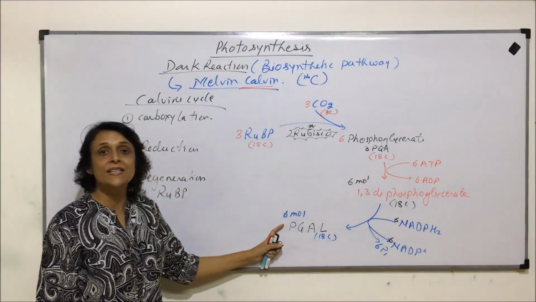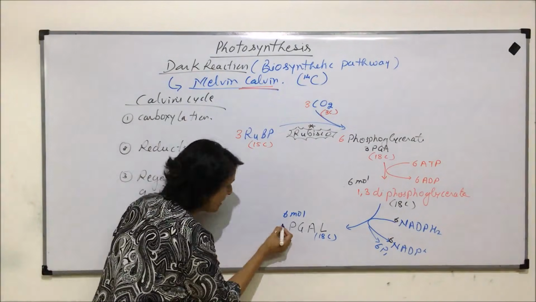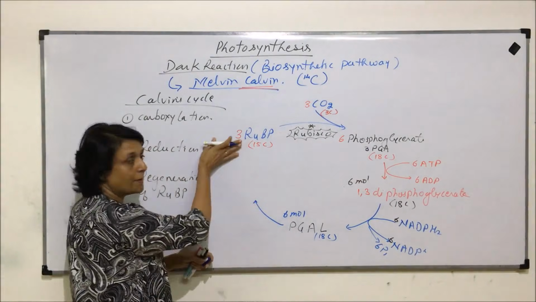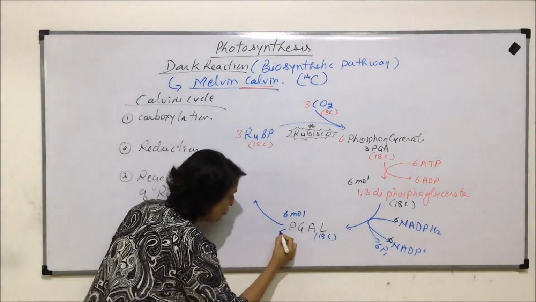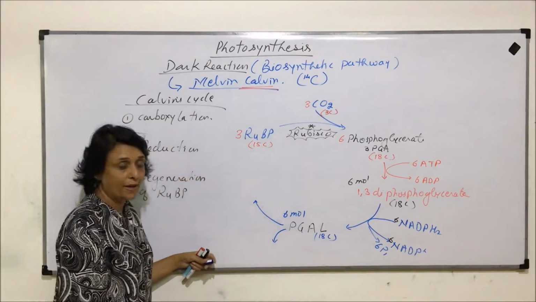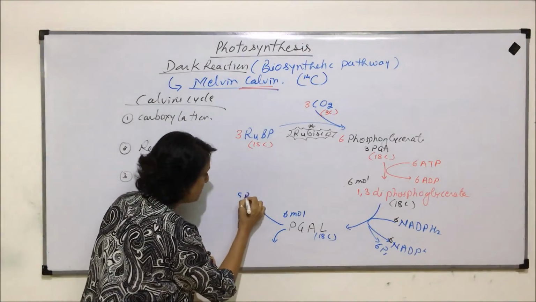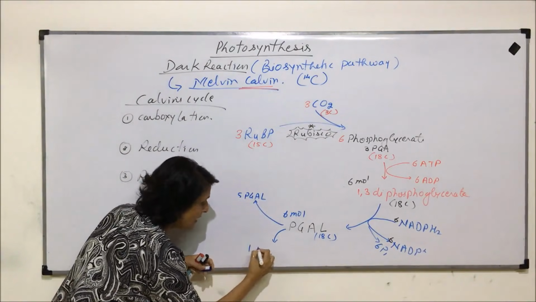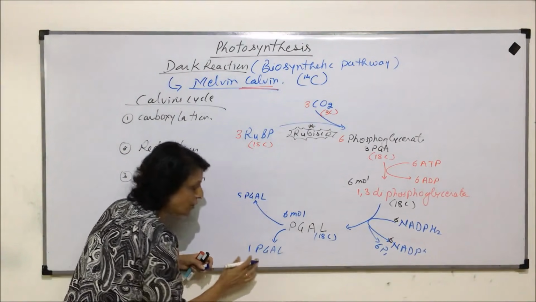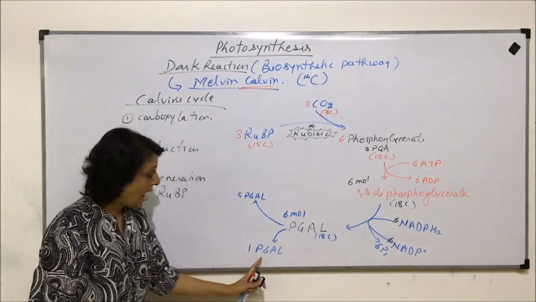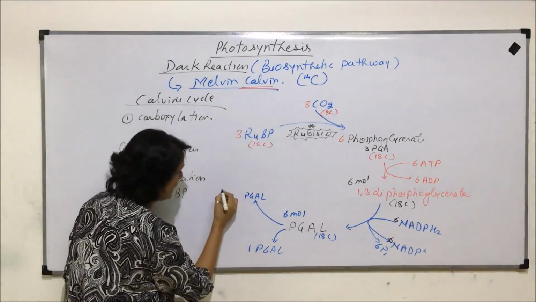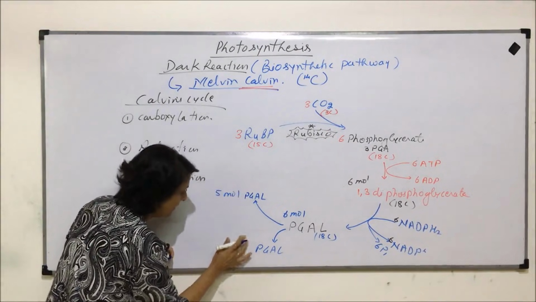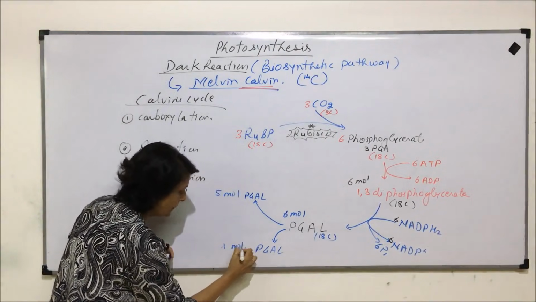Now out of these 6 molecules, 5 molecules will help in the next process and 1 would get separated. That means 5 PGAL molecules will come here and 1 PGAL molecule will get separated. And let me write it as 5 molecules and this as 1 molecule.